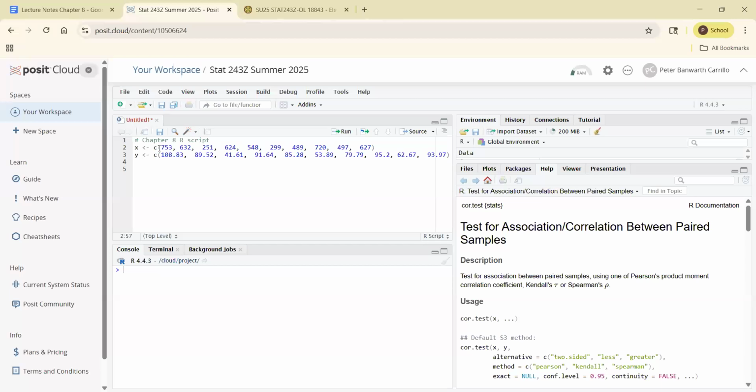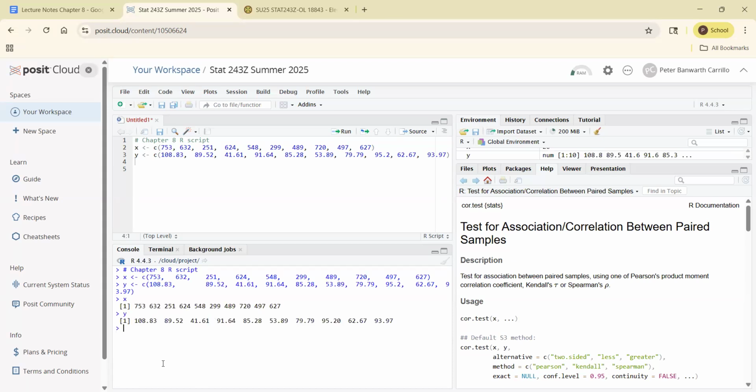All right, I went and put the data into R. There are two vectors of data, so I use the c notation with a comma between the points. And I can look at x and I can look at y. We're going to make a scatter plot to explore the relationship between x and y visually. And the code is very simple. You just say plot(x, y).